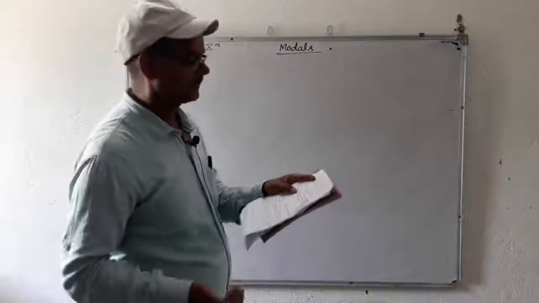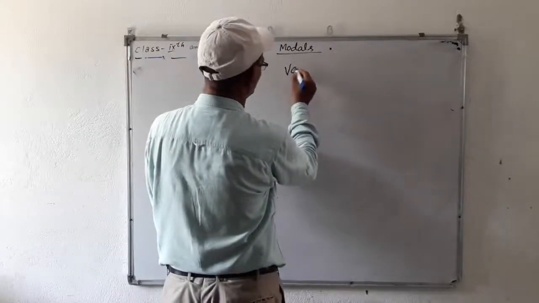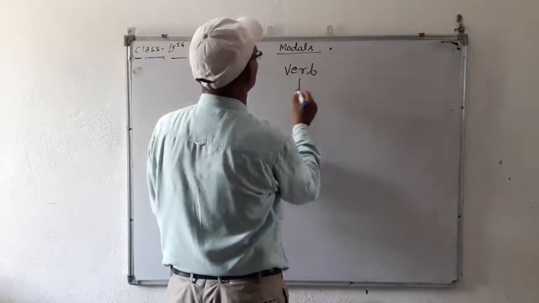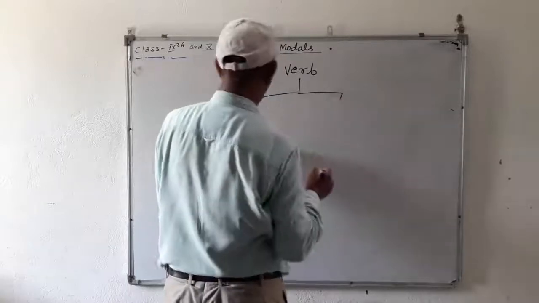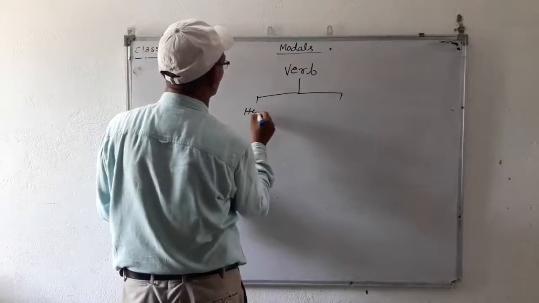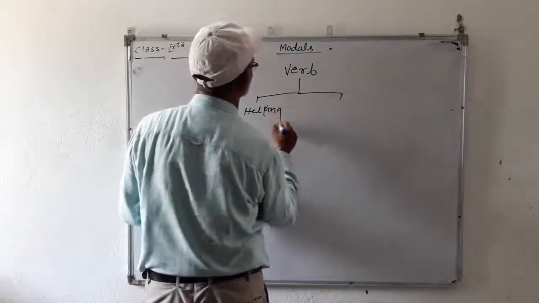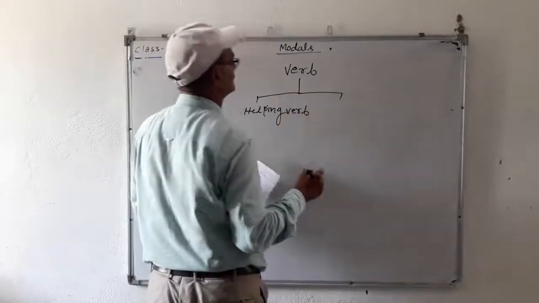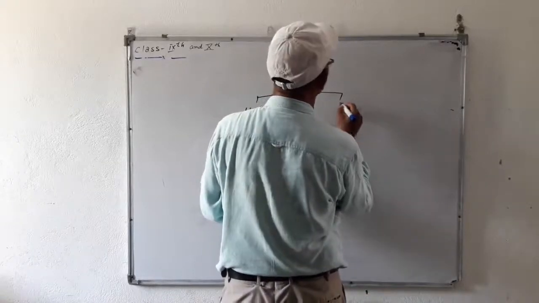As you know, verb, main verb and auxiliary verb. There are two kinds of verb: helping verb and main verb.